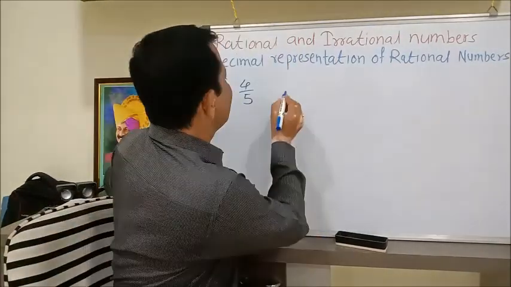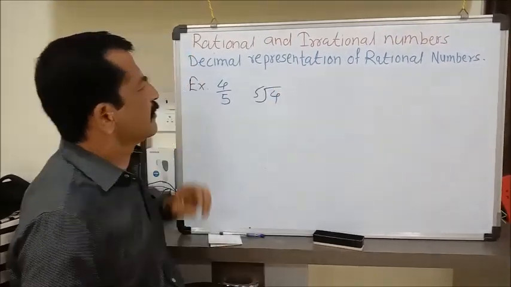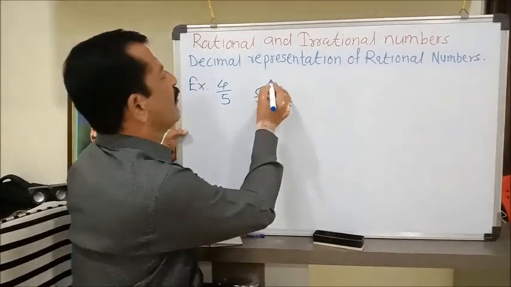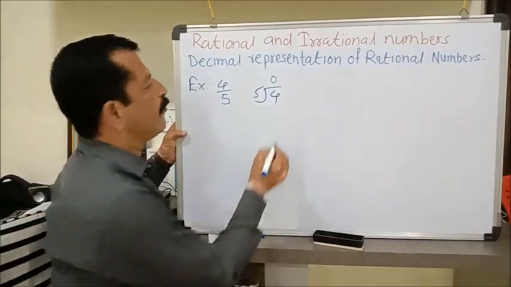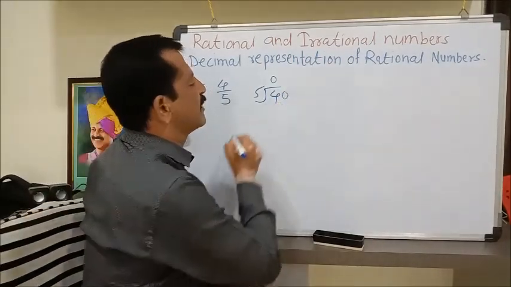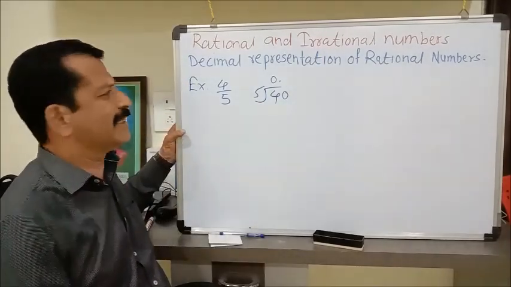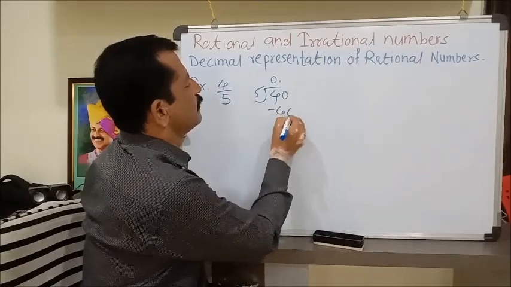Here we divide 4 by 5. 4 is less, so we take 0 in the quotient. When we take 0 after 4, we put the decimal point in the quotient. Now 5 8s are 40.